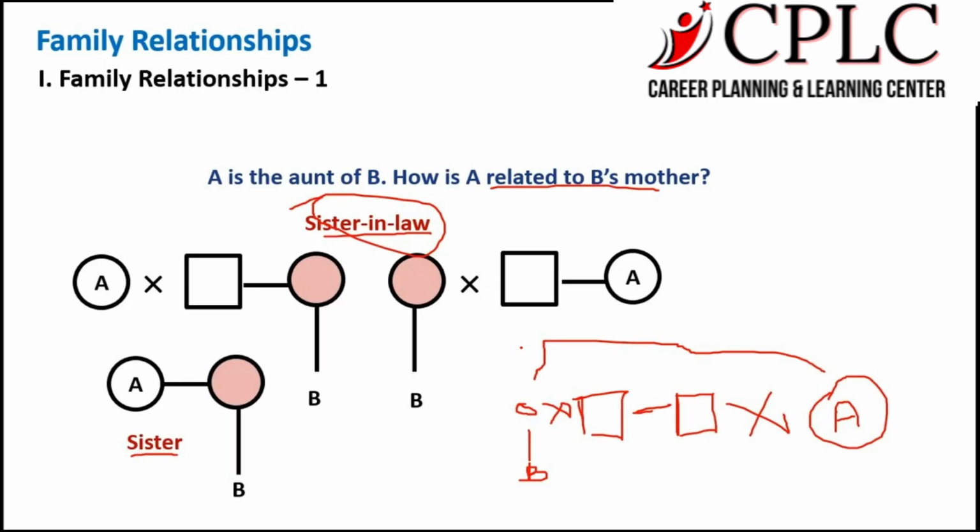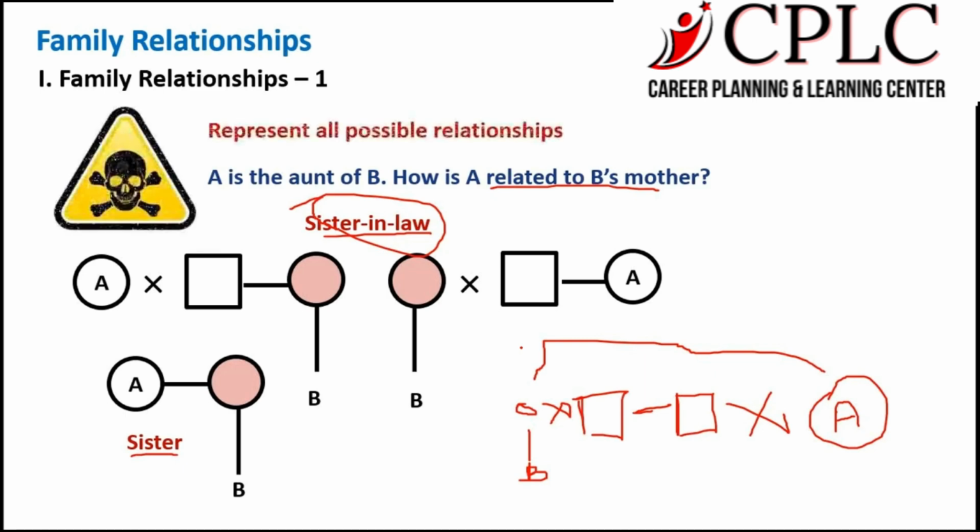Now, the whole learning or significance of this question is to make you understand one very, very important rule that you will have to remember going forward as well when you are solving questions on family relationship, which is to try and represent all the possible relationships, because A is aunt of B has four variations. One of them is giving you a different answer, another giving you a different answer.